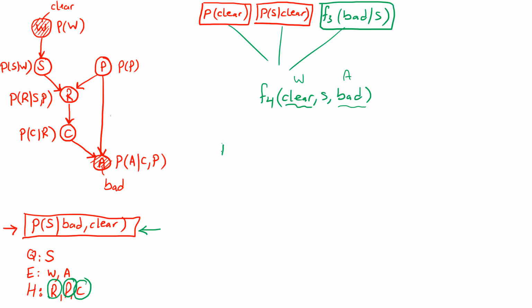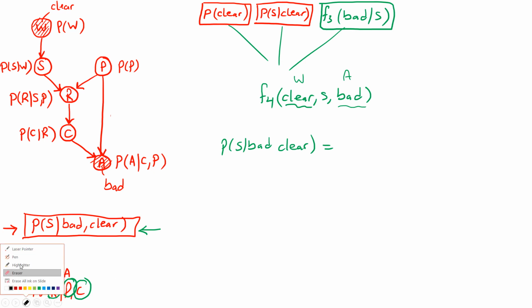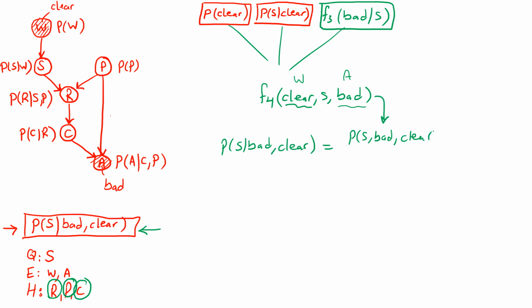Remember, from the conditional probability rule, P of S given bad and clear is P of S, bad, clear, which is this one, divided by P of bad and clear, which is the evidence, the probability of the evidence.